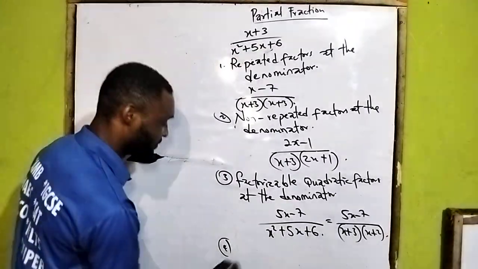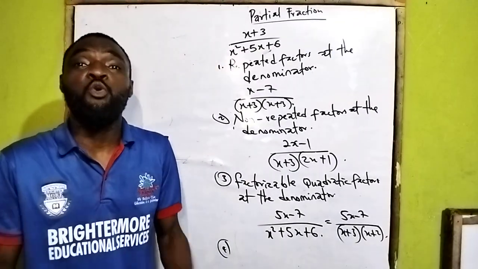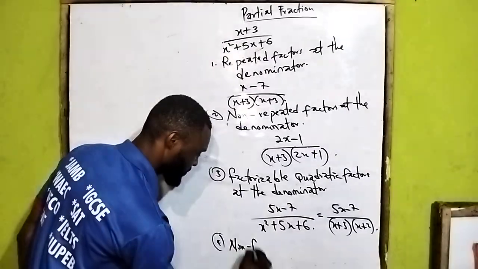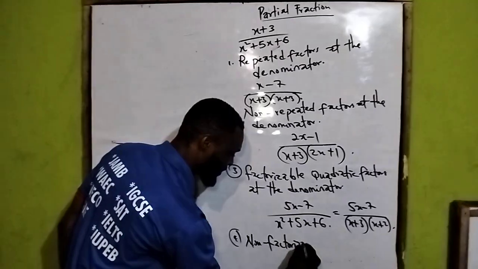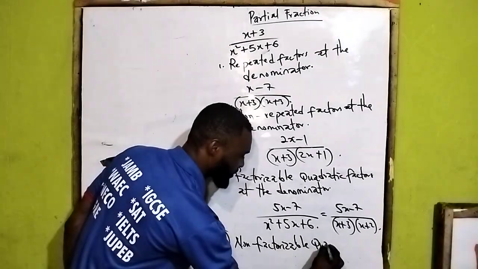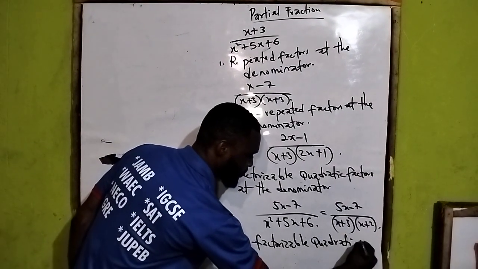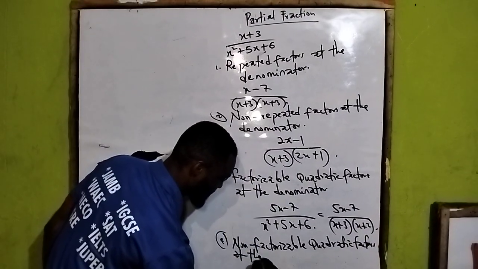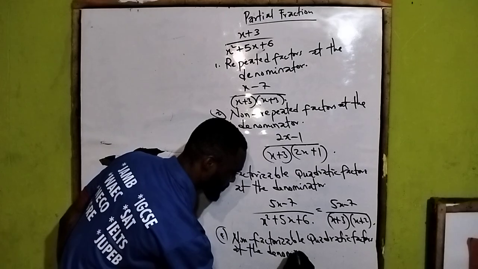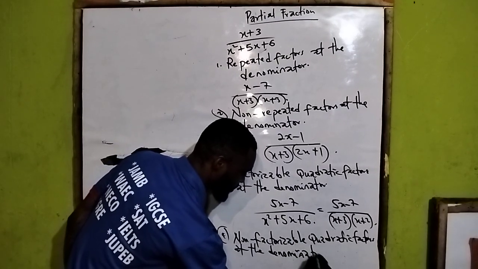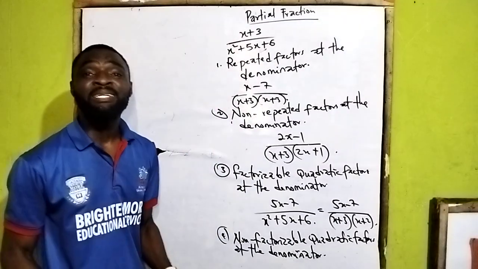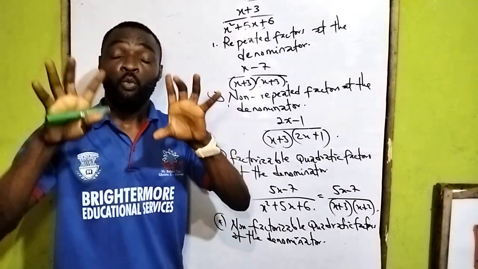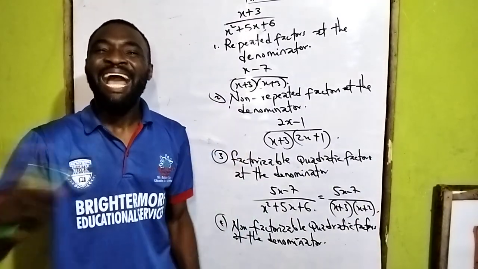Number 4, we have non-factorizable quadratic factors at the denominator. This occurs when the quadratic at the denominator cannot be factorized.